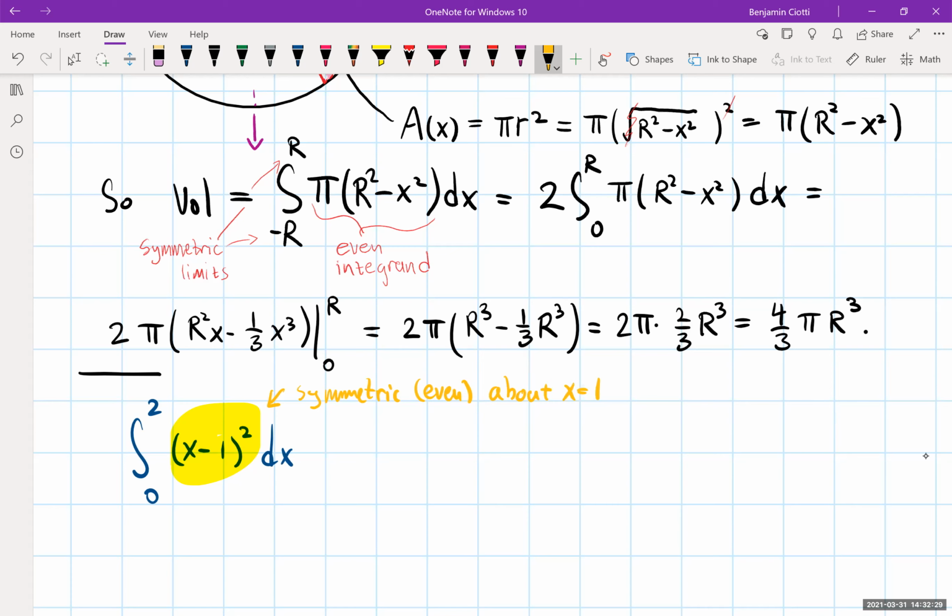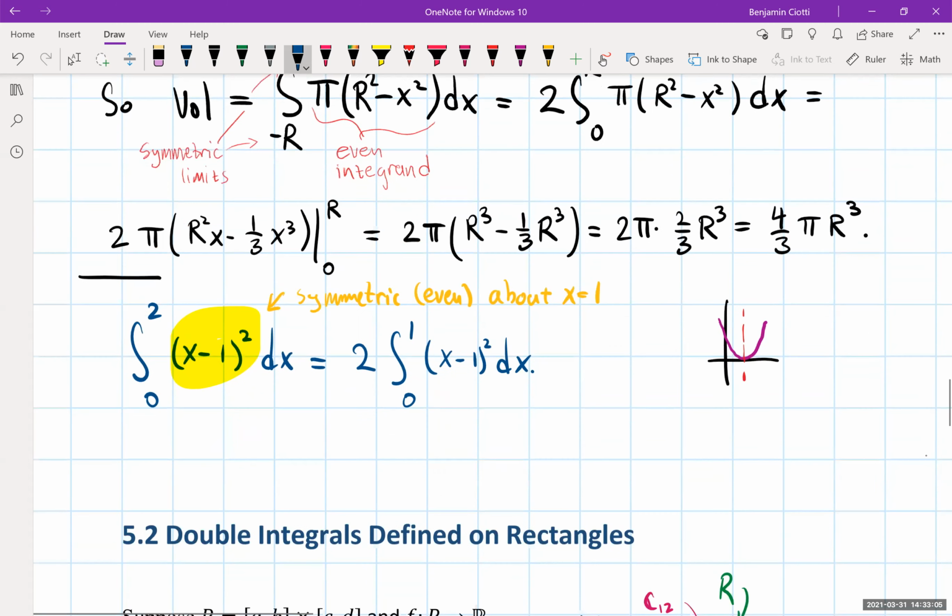You can see that from the graph. The graph looks like this. There's 1. So this will be twice the integral, say, from 0 to 1, or from 1 to 2, either way. I'll just say from 0 to 1, x minus 1 squared. So that would be sort of an exception or a similar case. Does that help address your question? Yes, that was my question. Thank you. Cool. Good question.